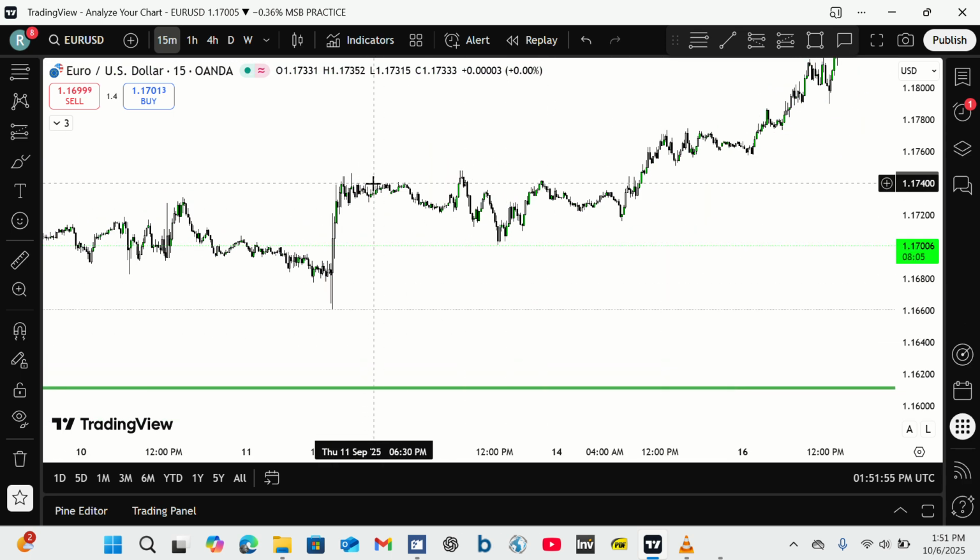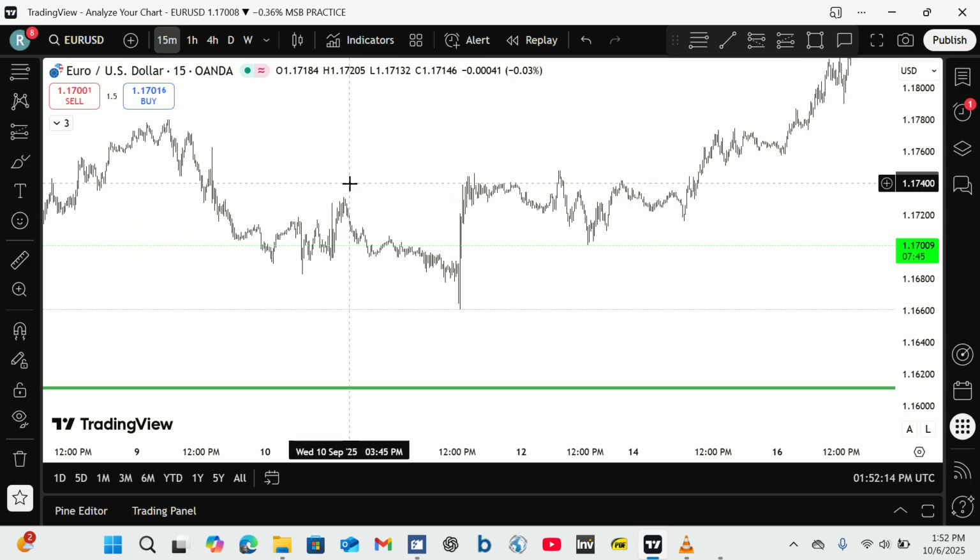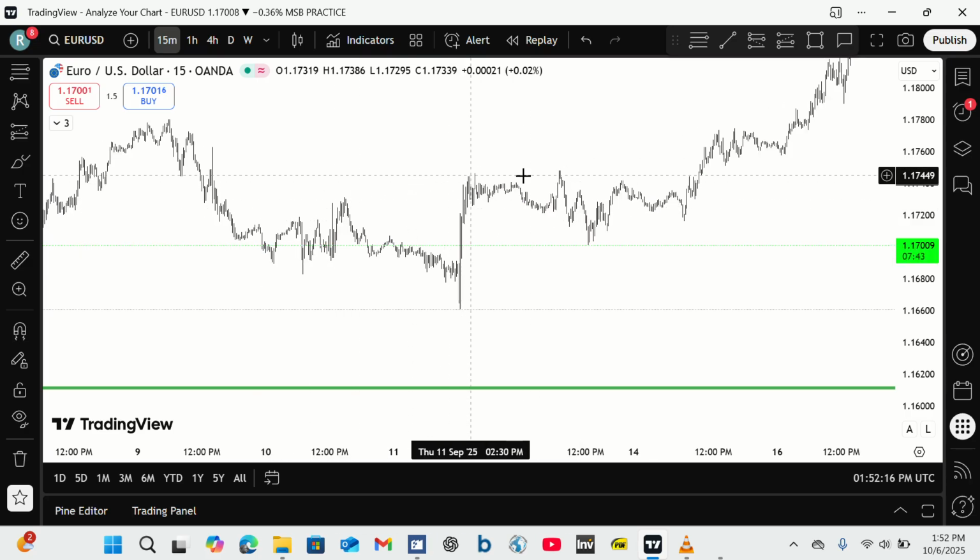Something like this would have been resistance because price has reacted around that level a couple of times and couldn't go through. That was basically all I understood about support and resistance: levels where price tests or retests a couple of times without being able to pass through.